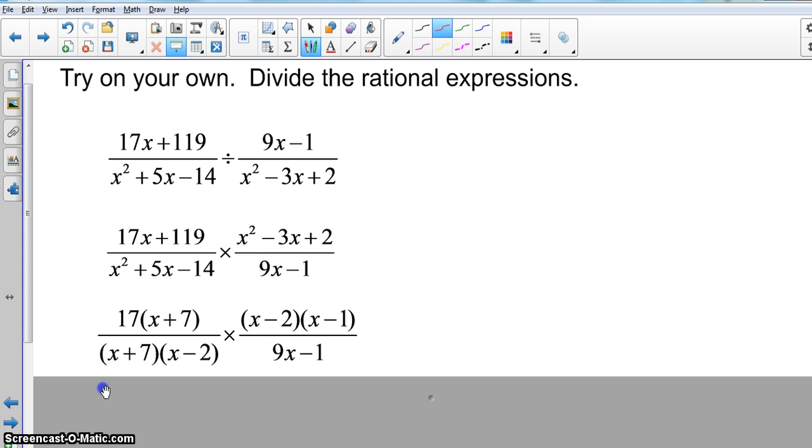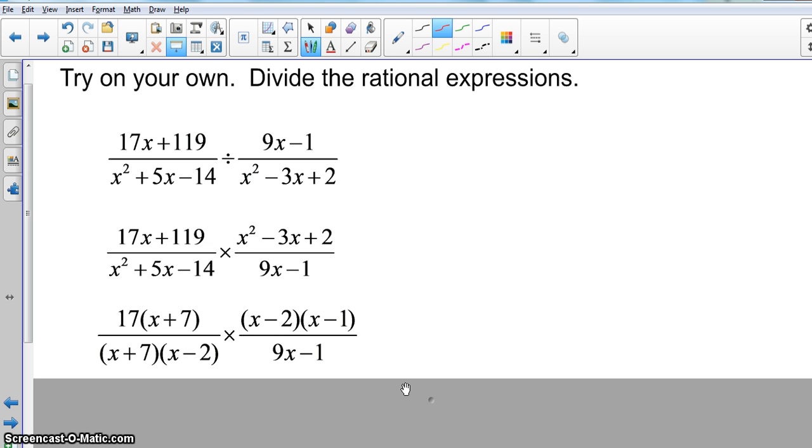So I get 17 times the quantity of x plus 7. I factor x squared plus 5x minus 14 to get x plus 7 times x minus 2. I factor my numerator of my second fraction to get x minus 2 times x minus 1. And the denominator of my second fraction, there's nothing I can factor.